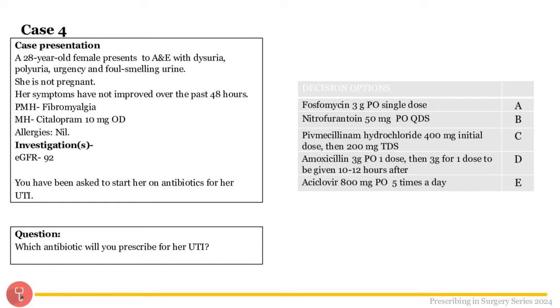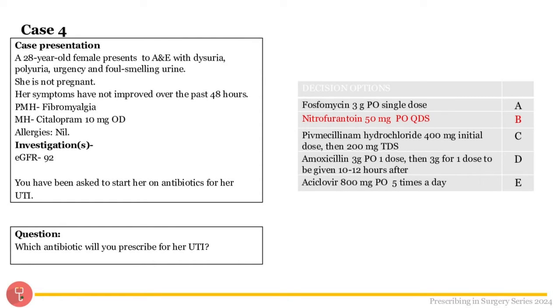Okay, any more responses? Okay, so 75% of people going for B, nitrofurantoin, 50 milligrams QDS, with 25% going for A, phosphomycin 3 grams as a single dose.